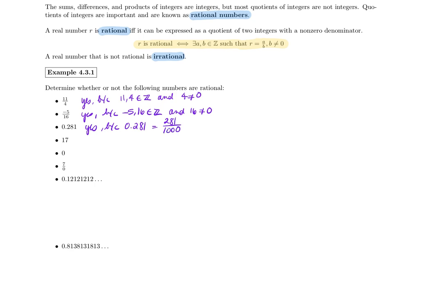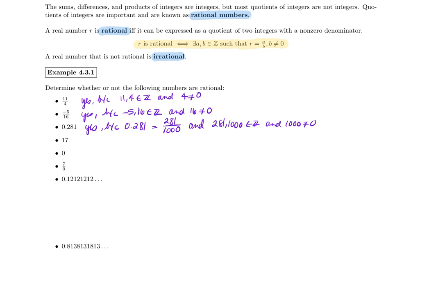Because that is 281 thousandths. And 281 and 1,000 are integers, and 1,000 is not 0.